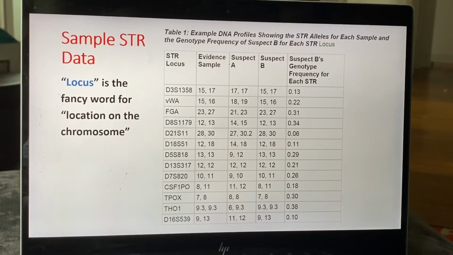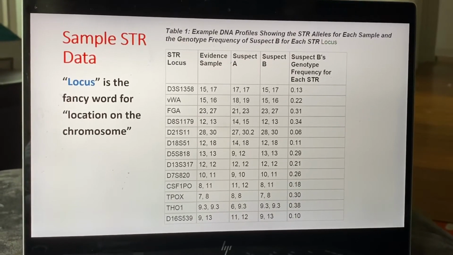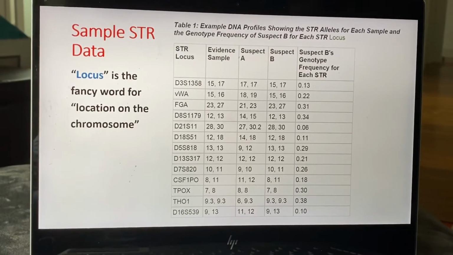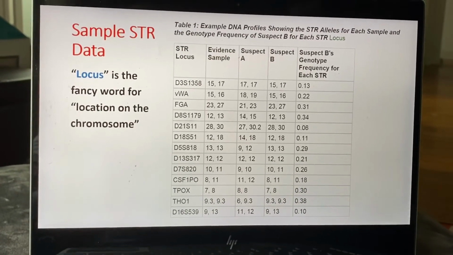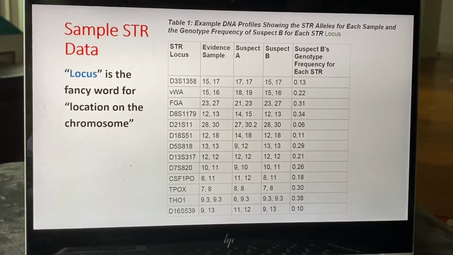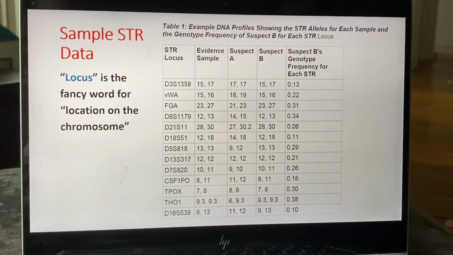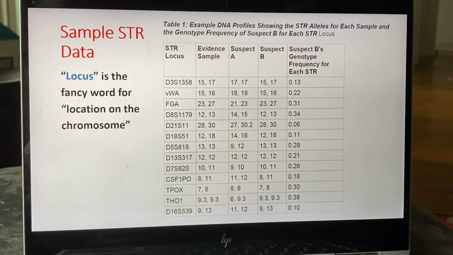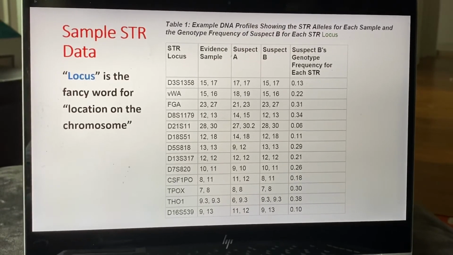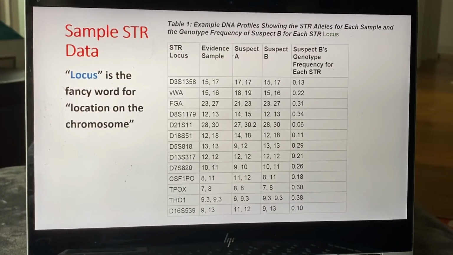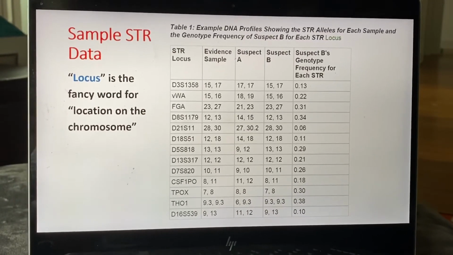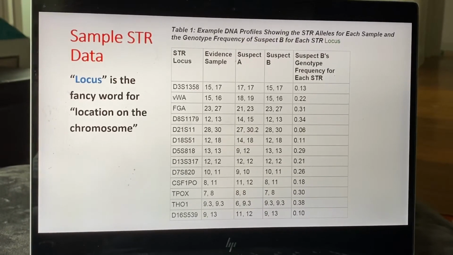And so that is a match. Then you basically do this for all of the different locations. We can see that suspect B, if you look up and down the columns, matches at every single location. That means you can take all of those frequencies listed in the right-hand column and multiply them all together, and you're going to come up with a very, very small number in terms of the number of people on the Earth who could carry that particular profile.